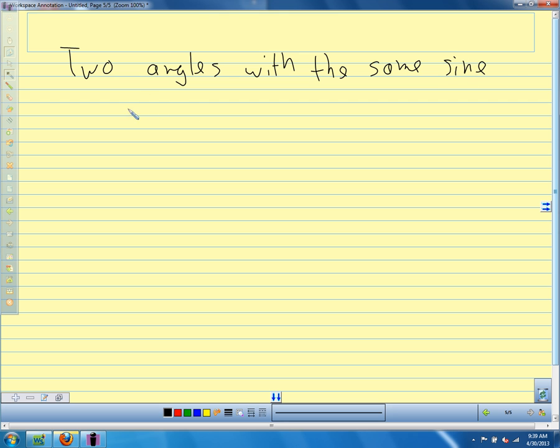Two angles with the same sine are theta, our calculator will give us one, and 180 degrees minus theta. So our calculator will tell us one when we do the inverse sine. To find the other, we subtract from 180 degrees.